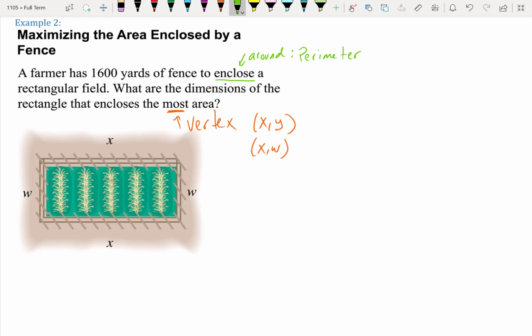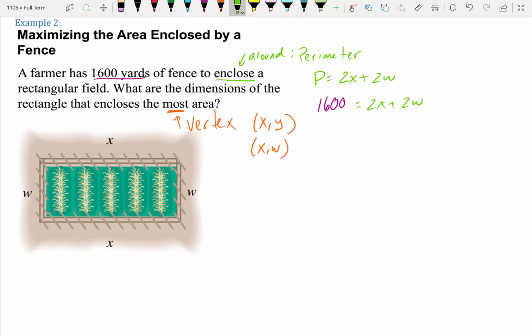We know the perimeter of this rectangle is 2x plus 2w. But we actually have the perimeter, how much space we get to enclose around. We have 1,600 yards of perimeter. So 1,600 equals 2x plus 2w. So that's our perimeter.